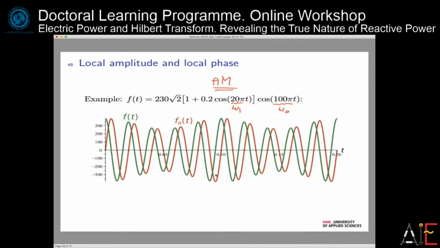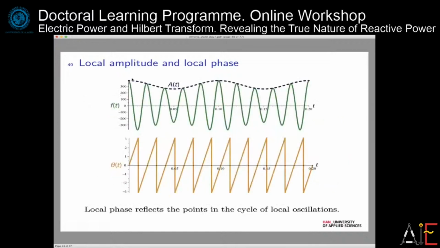So what you see is what the time varying amplitude is doing. It's tracking the modulation of your original signal. That's what it's doing in this case.